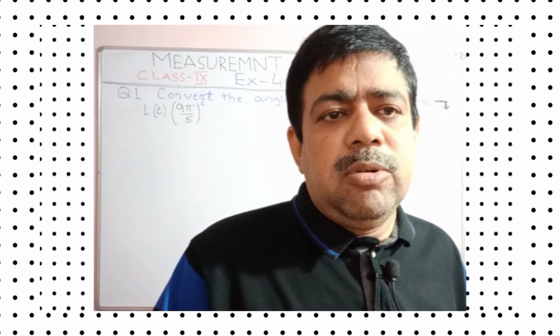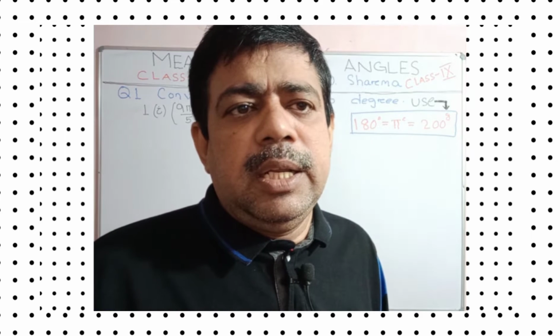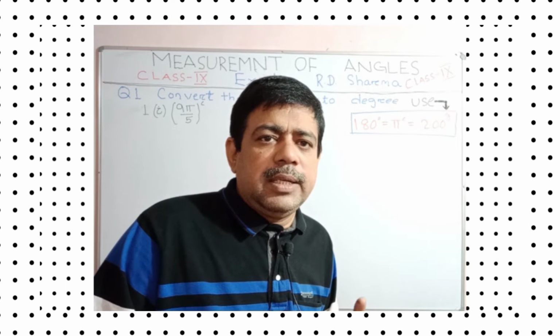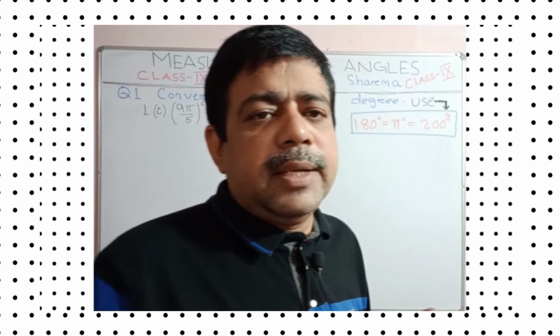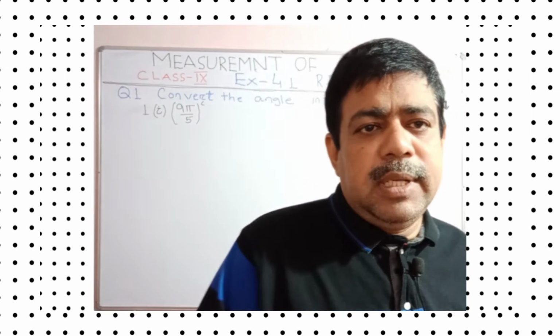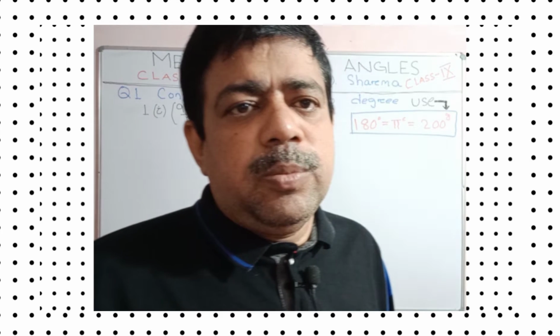Angles are measured with the help of three systems: degree, radian and grade. Already it is discussed that 180 degree is equal to pi radian is equal to 200 grade.